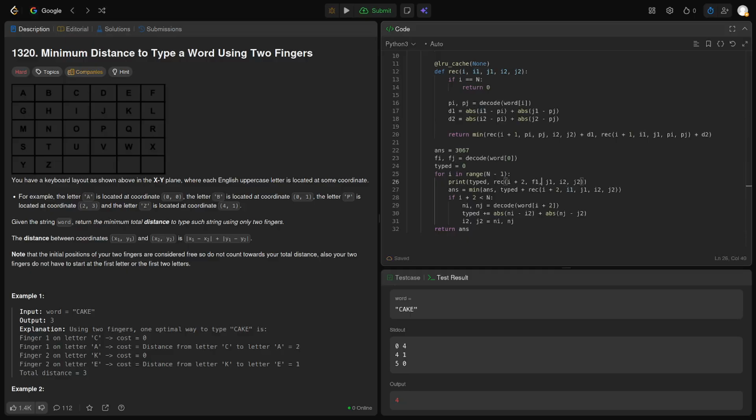And then we pass in finger I, finger J. So left J, okay, that's a better name. So left I or LJ.